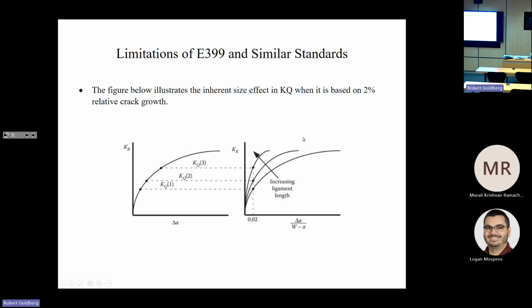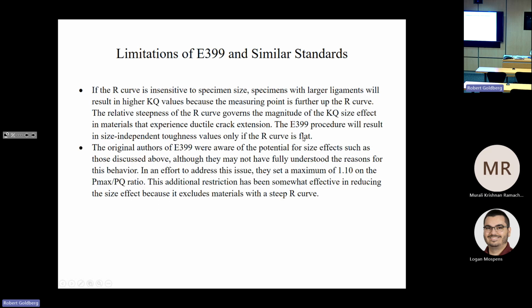This figure illustrates the size effect when it's based on 2% relative crack growth. If the R curve is insensitive to specimen size, then specimens with larger ligaments will result in higher KQ values because the measuring point is farther up the R curve, and the relative steepness of the R curve governs the magnitude of the KQ size effect for materials that experience ductile crack extension.